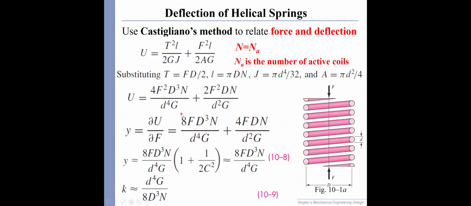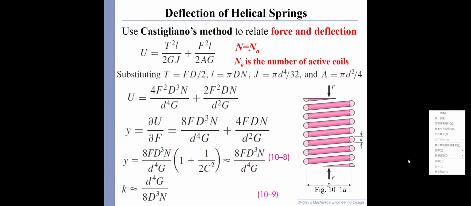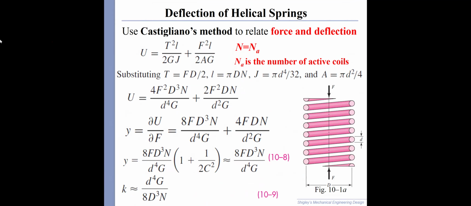So let's go back to the helical spring. I already mentioned previously that for the helical spring we have two energies: one energy from torsion and the other from direct shear.